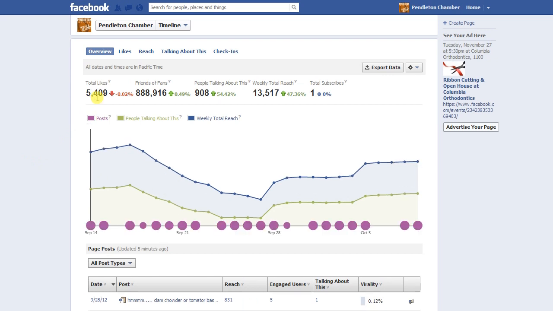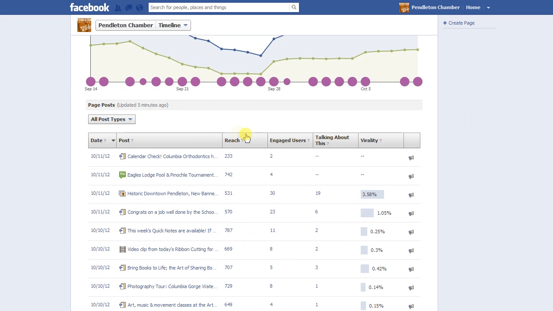So 5,409 likes translates into almost 900,000 people that she can potentially reach, Lisa, through that chamber's webpage. You can see that she posts multiple times. She's constantly sharing members' items, 4, 5, 6 posts a day. Now, again, that is an original individual post, sharing members' posts, and otherwise engaging.